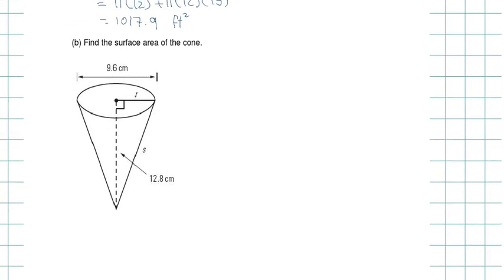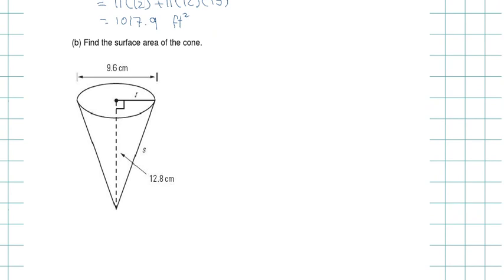All right. So find the surface area of this cone. What do I need? Do I have the radius? No. Can I find it? What's the radius? What do I have to do to find the radius? Divide the perimeter by 2, right?